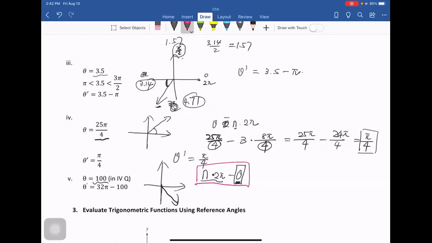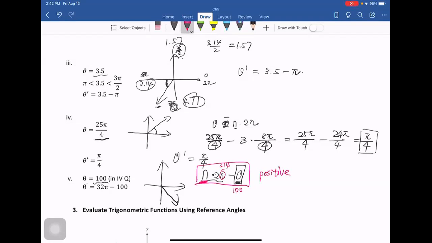At the end, the result must be a smaller positive angle. So I try which n I should choose. Theta is 100 and pi is 3.14.